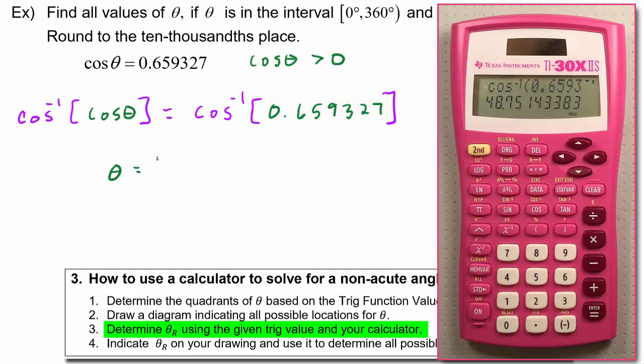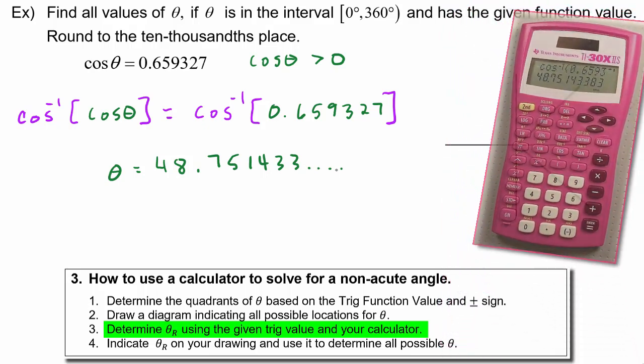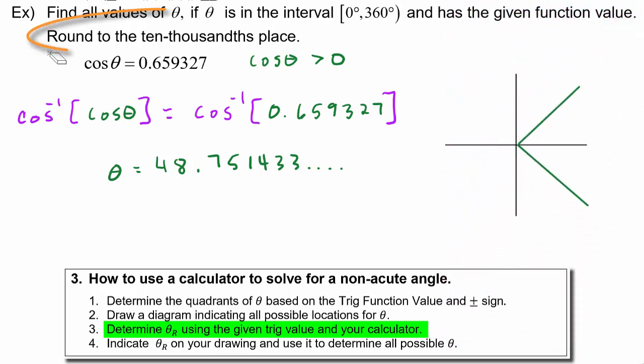Now we see that we get 48.751433, etc. Whole bunch of decimal places. In this problem, we are being asked to round to the 10,000ths place. Now we know that means 4 decimal places.